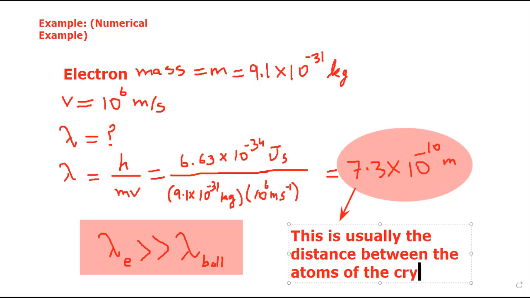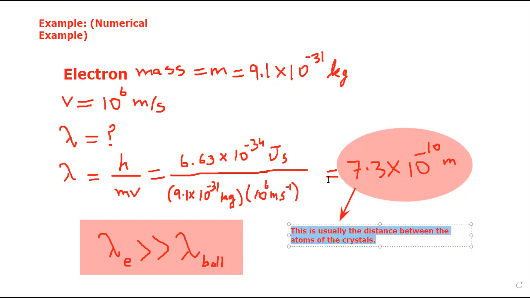You have already studied about the crystalline structures. So this is an amazing fact that the atoms in the crystals have the same size of distance between them. So de Broglie wavelength is completely compatible with these calculations. So it has been verified. So we can consider that the de Broglie wavelength is correct.